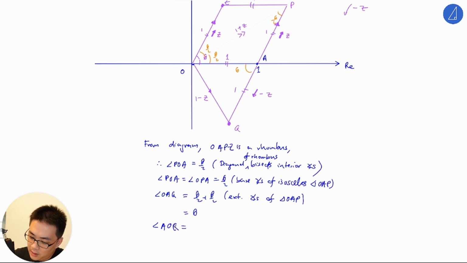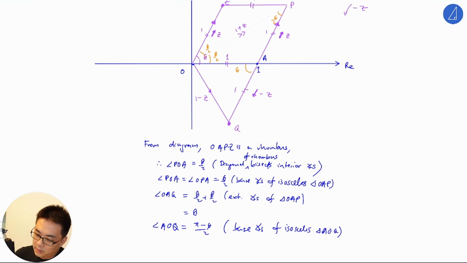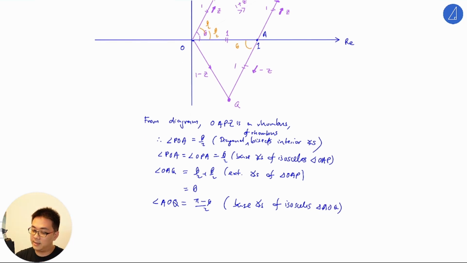The angle AOQ is just 180, which is pi minus theta divided by 2, which is also the base angles of isosceles triangle AOQ. So this would be pi minus theta over 2.